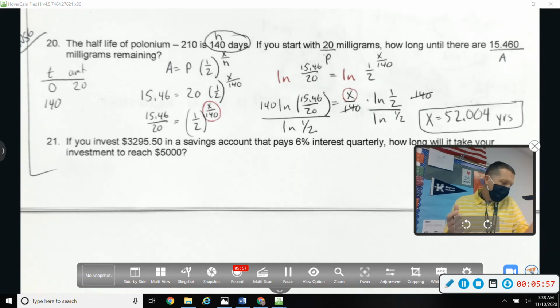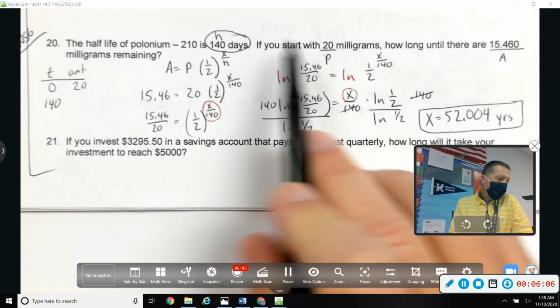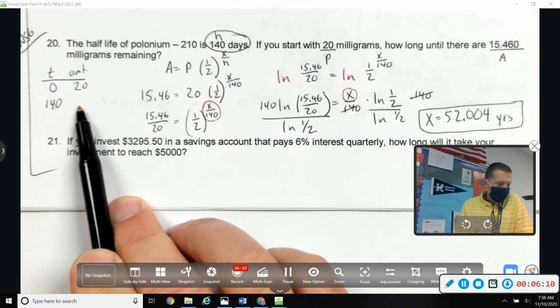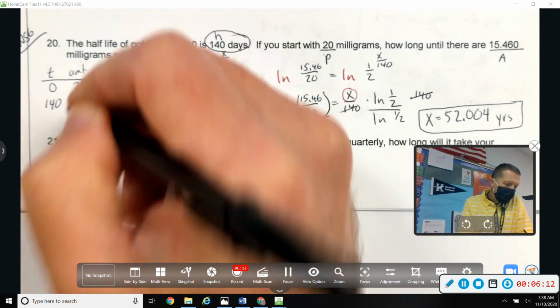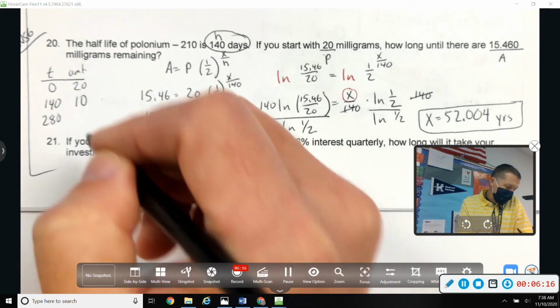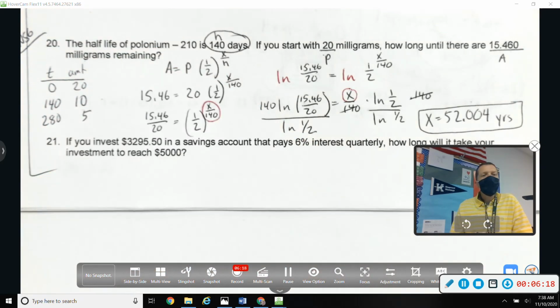So this polonium decays, it just goes away. Every 140 days, the amount you had is cut in half. So if we start with 20, after 140 days, how much will we have? 10. And after 280 days, so after another 140 days, we'd have 5, and so on.